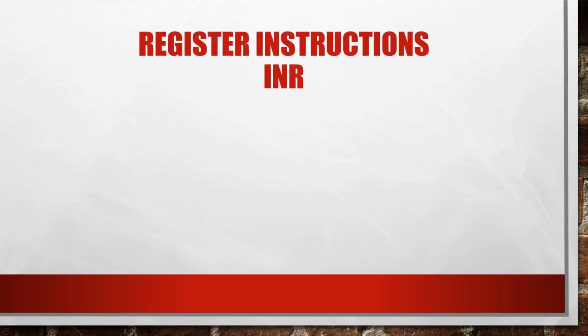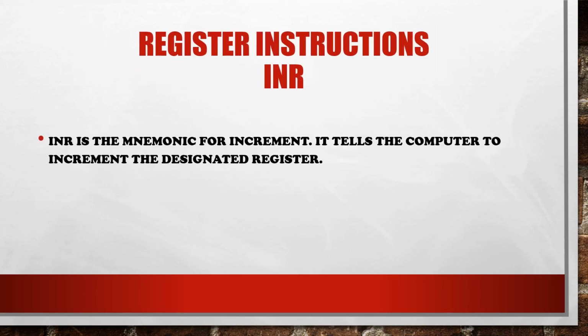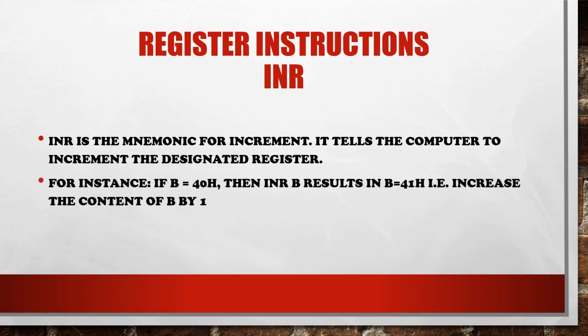Likewise, another register instruction is INR. INR is the mnemonic for increment. It tells the computer to increment the designated register. For instance, if B equals 40H, then INR B results in B equals 41H.